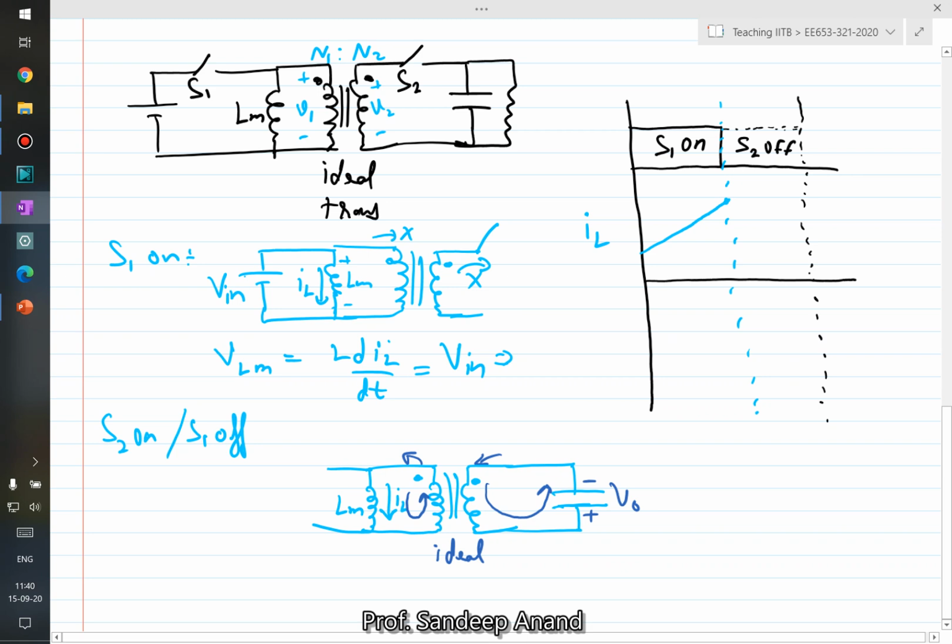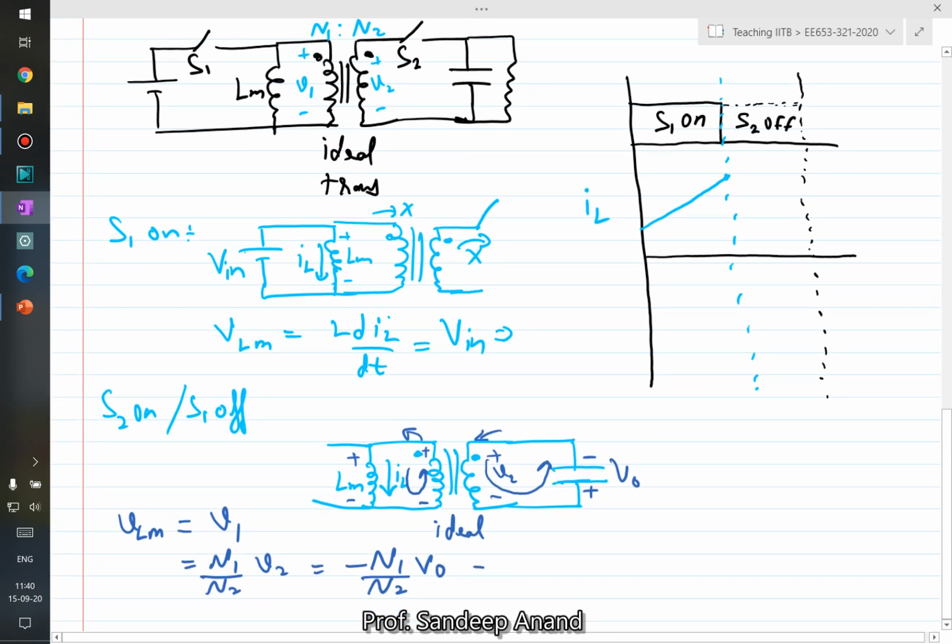Now if I write the voltage equation for the inductor, VLM, which is V1, which was across the primary side, is equal to N1 by N2 times V2, and on the secondary side, V2 is nothing but minus VO, and therefore this is equal to minus N1 by N2 times VO.